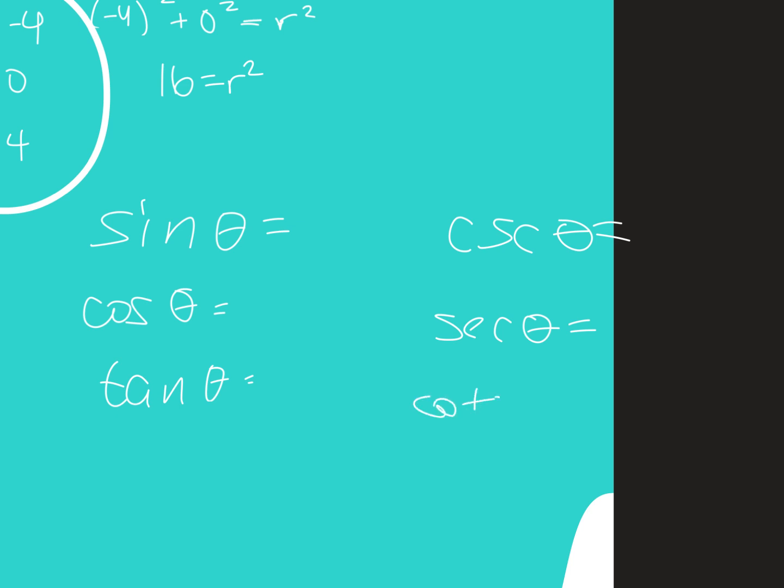Let's talk about what the trig ratios are. What are the trig ratios for sine and cosecant? Y over R and R over Y. What about cosine? X over R and R over X. And then tangent. Perfect. Y over X and X over Y.